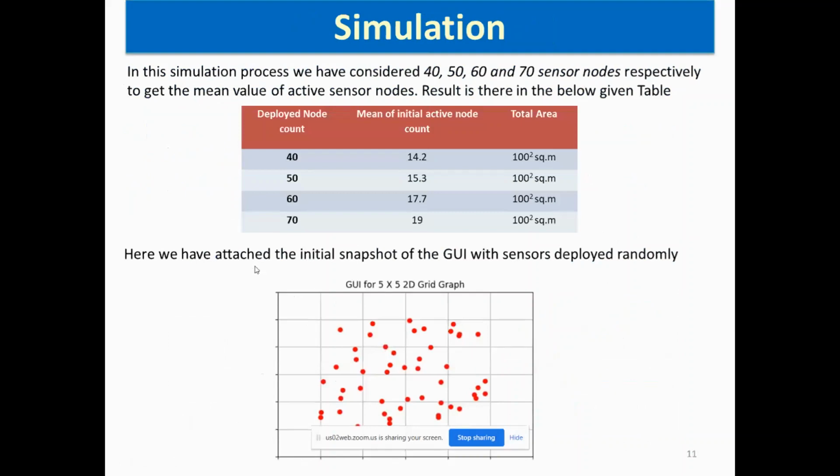And if we see the simulation results that we have achieved, we have checked it for deploying 40, 50, 60 and 70 nodes respectively. If we are using 40 nodes in the initial phase, while we are creating the MST, on average the mean is 14.2, and you can see when we are using 50 nodes the average is 15.